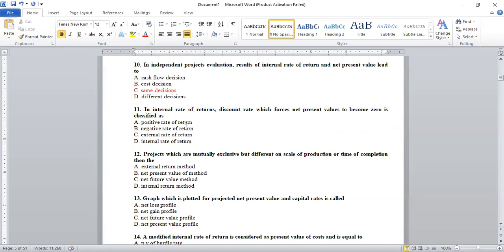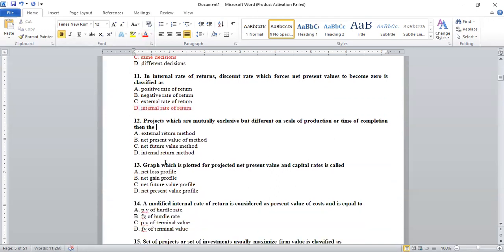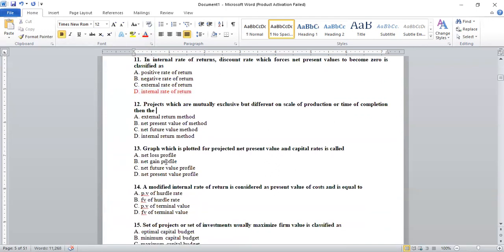Next question. In internal rate of return, the discount rate which forces net present value to become zero is classified as the internal rate of return. Next question.